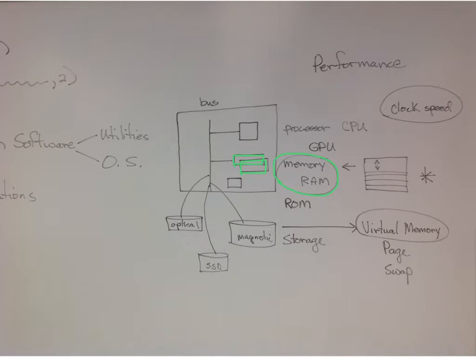We have the processor that does all the work, CPU, central processing unit, and then we can farm off some of that work to the graphics processing unit. We can actually have something manage the graphics separate from the CPU. Okay?